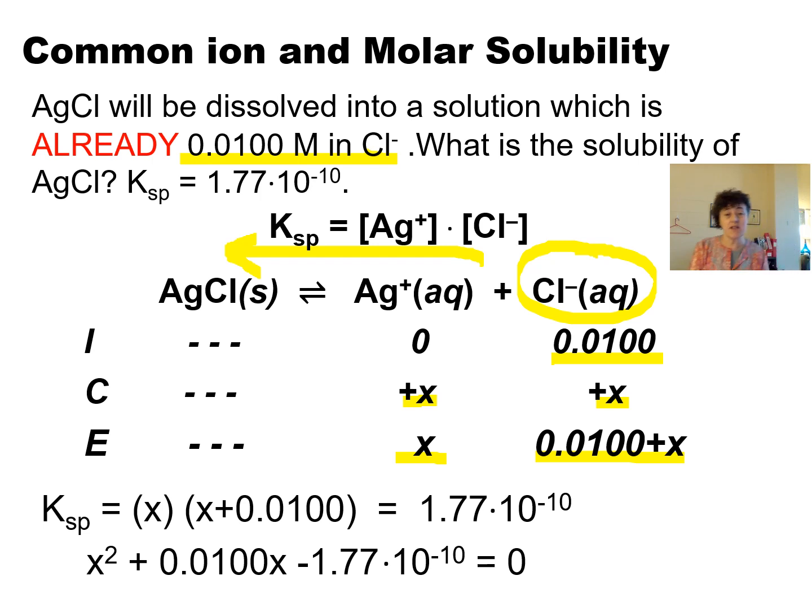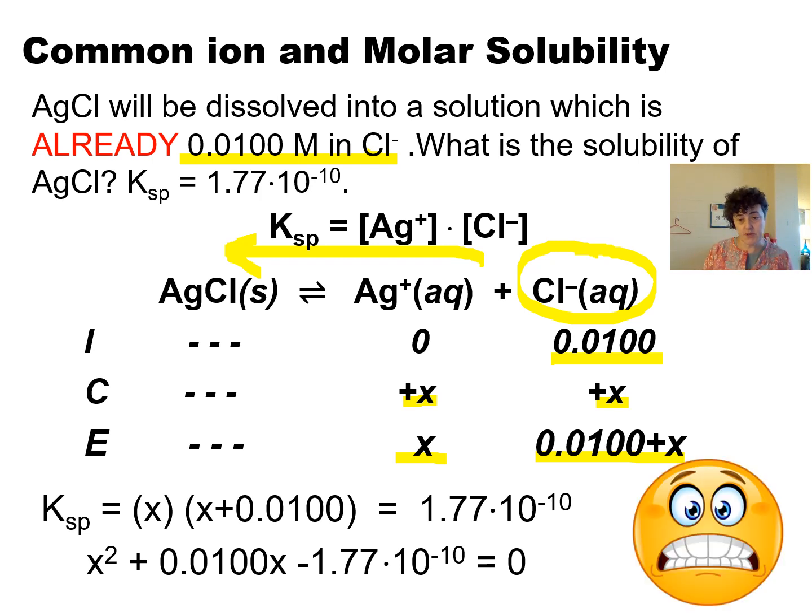Now this is a second degree equation. To solve this we need to use the quadratic formula, and as you know, I'm not a big fan of that. So is there a way to avoid that? The solubility of silver chloride is already a small number, right? Even more so because we have the common ion effect. So we really expect that x to be a really small number.